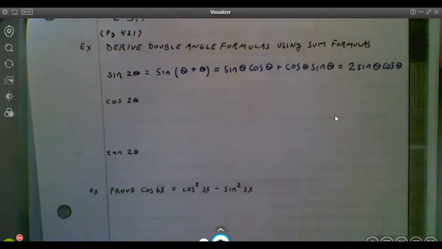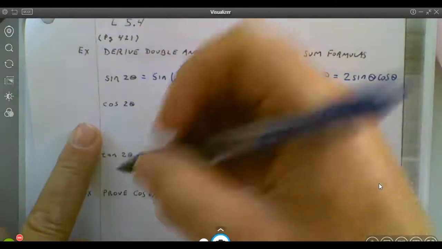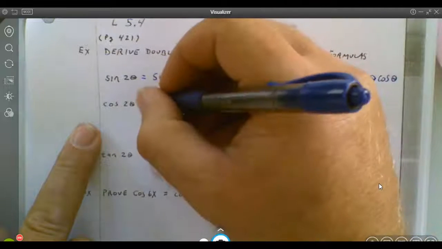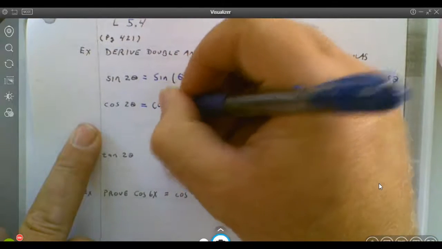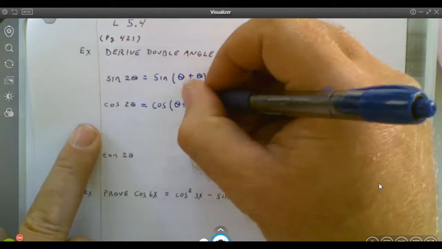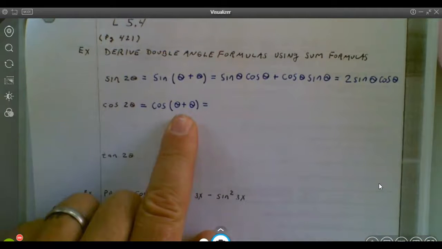We don't need to take up too much time with this, but let me show you how we could derive this one, and I think you're going to get the idea for how you could do this one as well. The cosine of 2 theta is simply the cosine of theta plus theta. In our last lesson, we learned how to do the sum of a cosine formula.